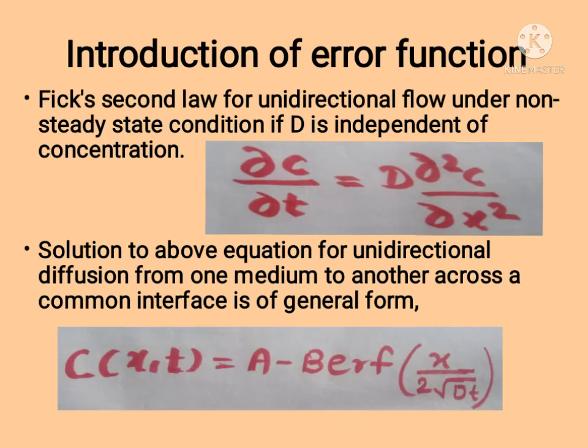The next point is the introduction to the error function. We have the equation for Fick's second law, that is ∂c/∂t = D ∂²c/∂x². The solution for this equation is given by c(x,t) = A - B erf(x / (2√(Dt))).